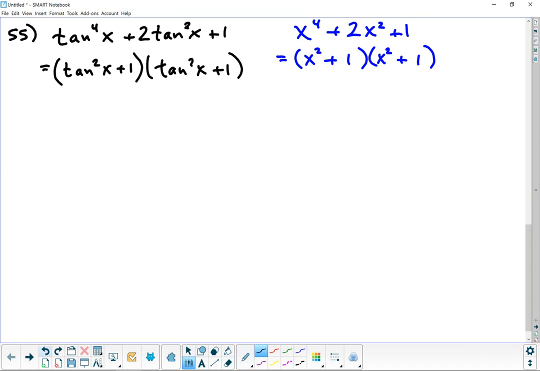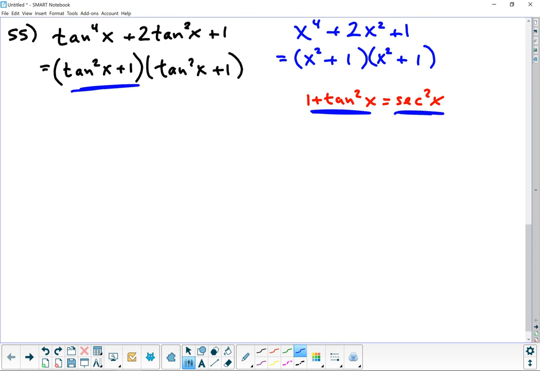But if you want to go a little further and you want to use your trig identity, I'll write it on the side. The way we wrote it was 1 plus tangent square x equals secant square x, right? So what we have here is already here, which means that we can replace it with that.